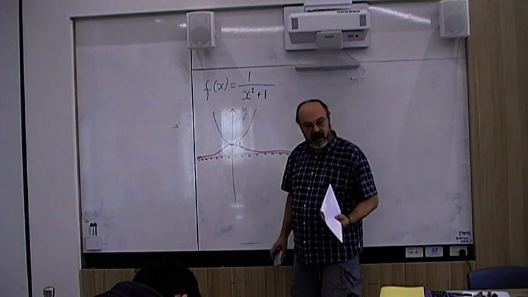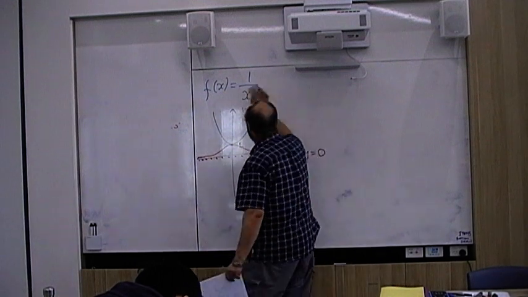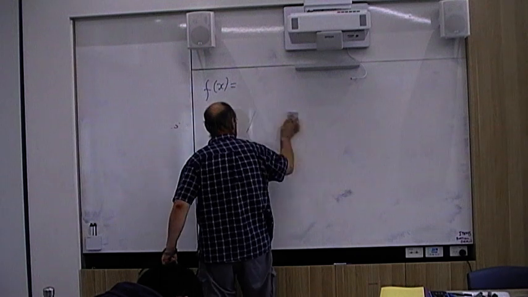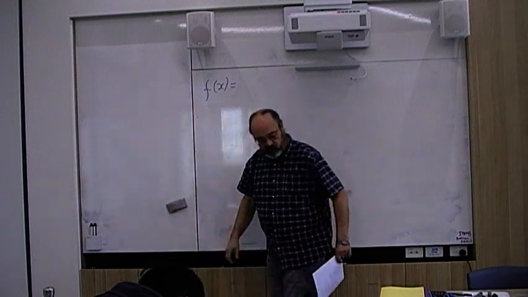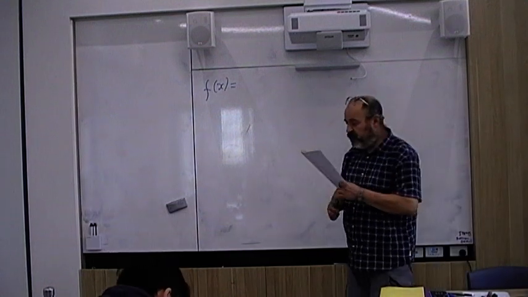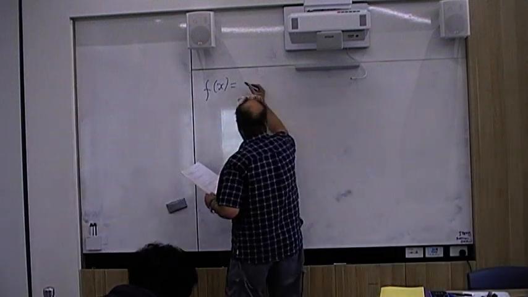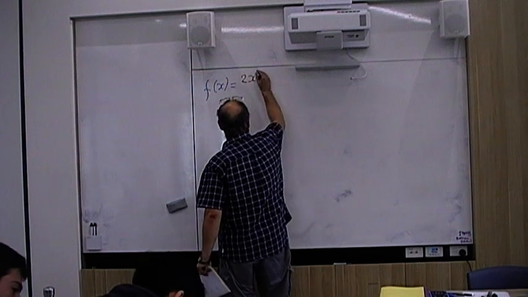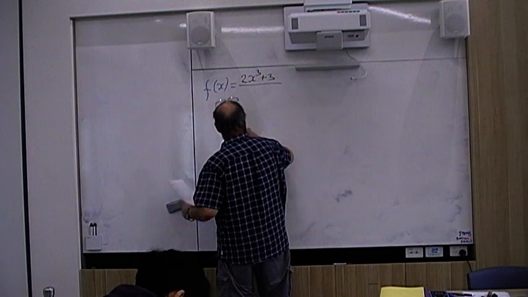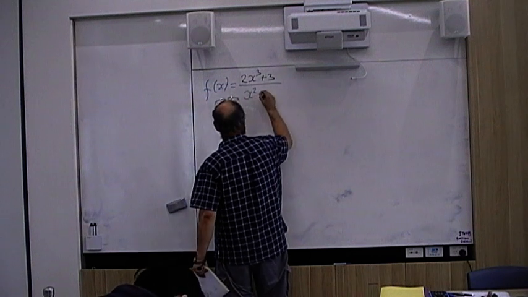Now if we have, for example, f(x) as a quotient of two polynomials, for example 2x cubed plus 3 divided by x squared plus 1.